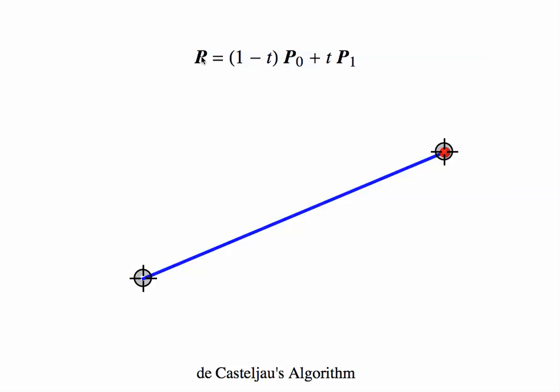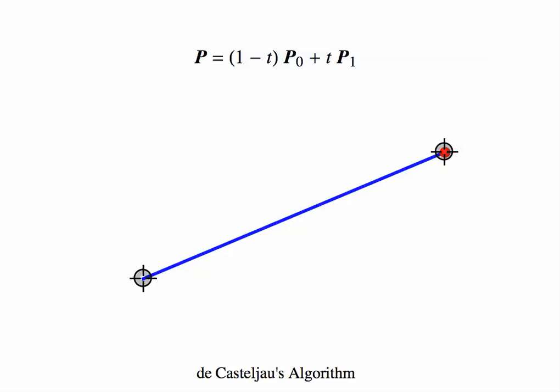It says that the point, the red point, is equal to some weight times the first point plus some weight times the second point. I've arranged things so that the sum of these weights is 1. This equation is called the barycenter of those 2 points.